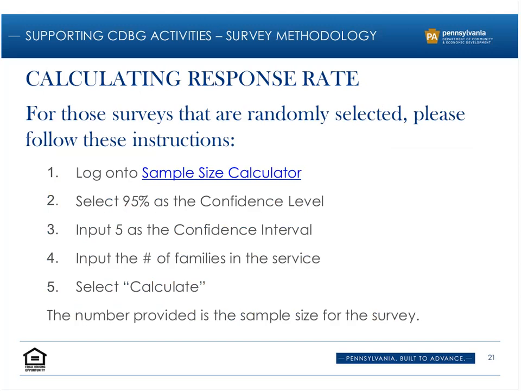You will select the 95% confidence level. You'll input 5 for the confidence interval, which goes right off of the table in the HUD methodology. Then you'll put in the number of families in your service area, select calculate, and that will give you your sample size. Dave, would you like to go through that now?